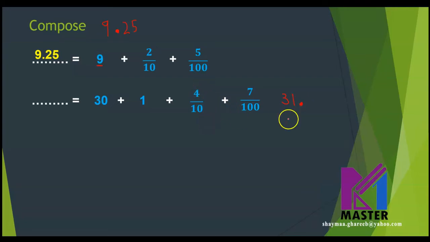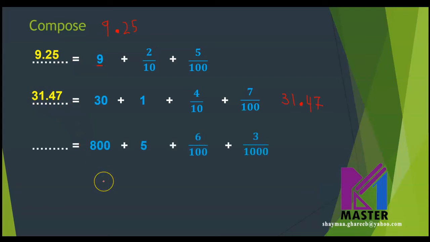Then 4 in the tenths place, which is the first decimal place. And then 7 in the hundredths place, which is the second decimal place. So the number will be 31.47.